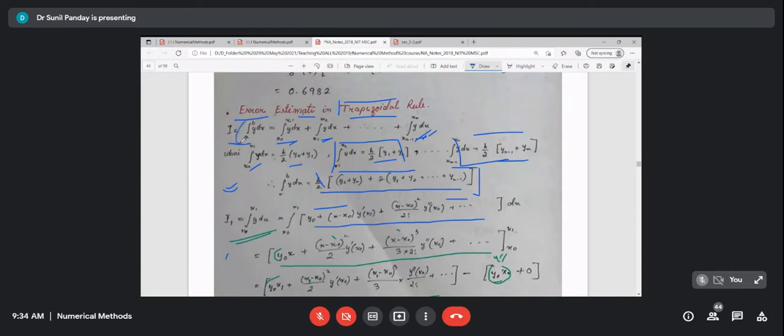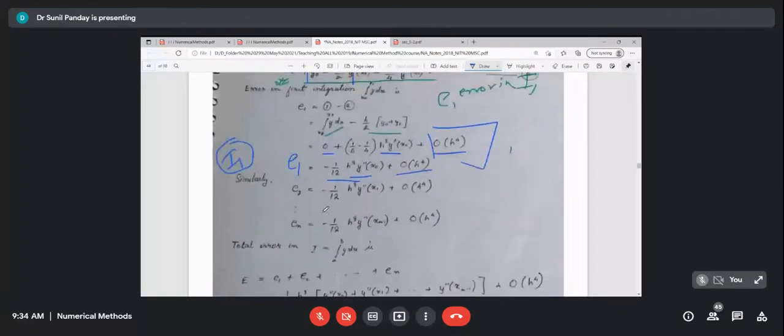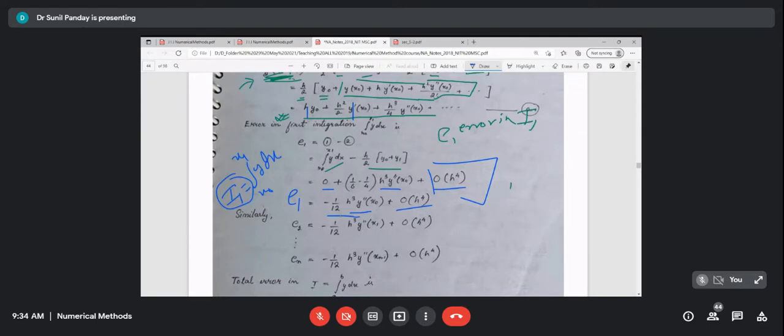Then I will get the error in the integration from a to b of y dx. As we did for I1 from x naught to x1, we perform the same operation and get this error E2, where the point x naught is replaced by x1.